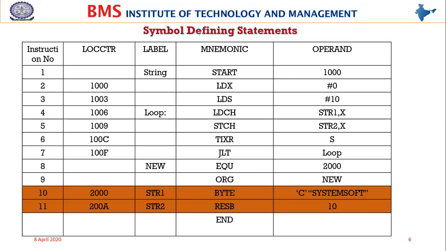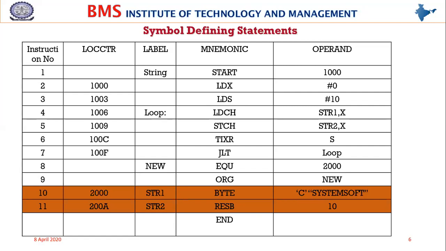That means the next consecutive instructions should be allocated space from 2000. So that's what is being done in rows 10 and 11. That's the reason I have highlighted that. You can see that the next location counter value is supposed to be the next value after 100F, right? But now it is not. It is given the location counter value 2000, and 2000 is str1, which is a string constant having this system soft.